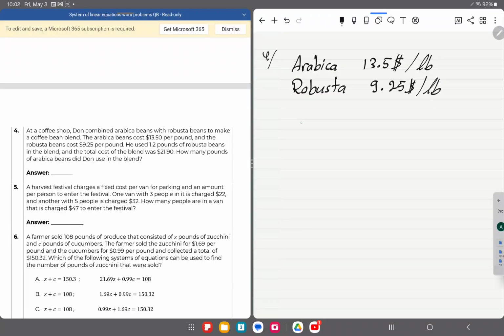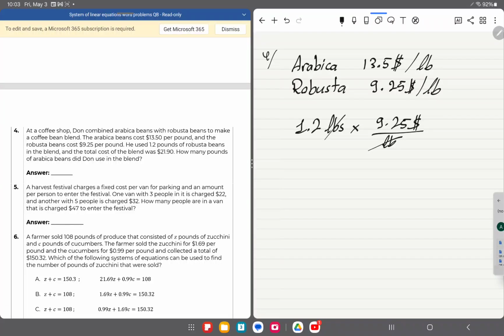Now he used 1.2 pounds of Robusta beans, at $9.25. If you want to use units, 1.2 pounds times $9.25 per pound, pounds and pounds go away.